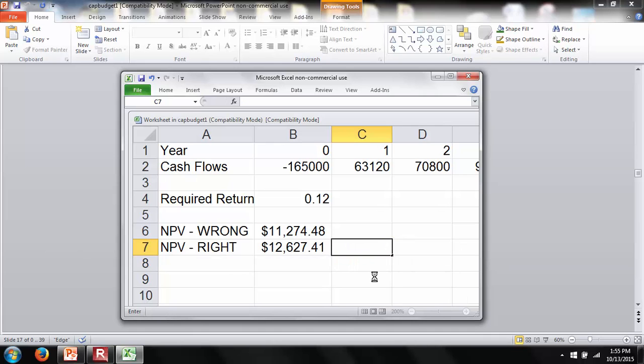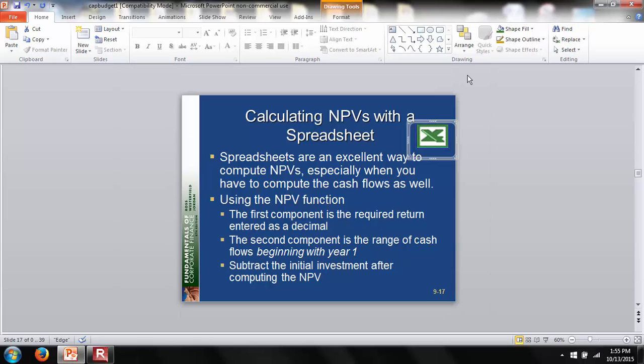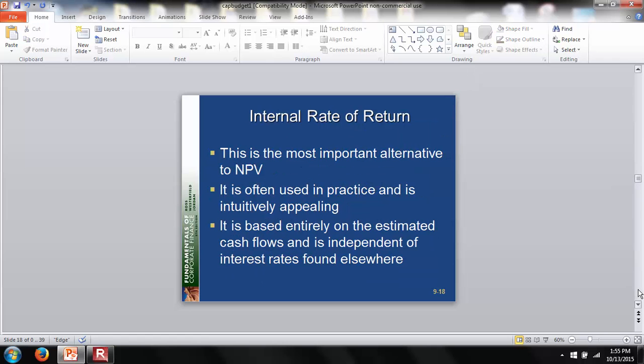You have the cash flows received, and you want to make sure that the cash flow that you invest, which is the 165,000, is outside the brackets. Otherwise, Excel would assume that it is the year 1 cash flow. That's the reason why you always want to subtract the initial investment after computing the NPV.